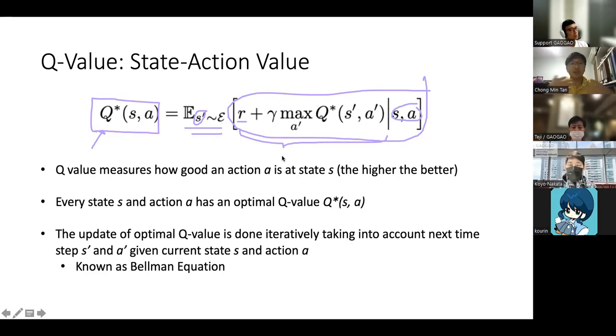So essentially, if this is already well trained, this is none other than the expected future sum of rewards. I would like to put here discounted sum of rewards just to be precise, because of this gamma discount factor here. But you can treat this Q, if it's well trained, we call it Q star.